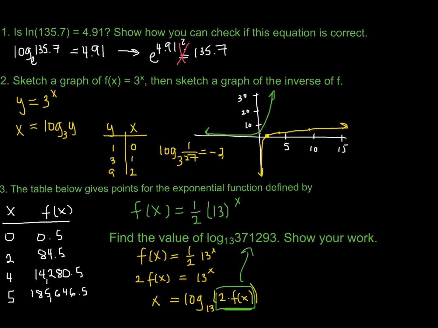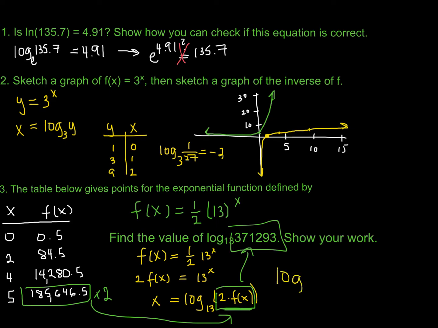And I can go through and I can find that when I multiply 185,646.5 by 2, that's going to give me 371,293. And we know the corresponding x value, right? So the corresponding x value will be 5. So I can say that log base 13 of 371,293 will be equal to 5.